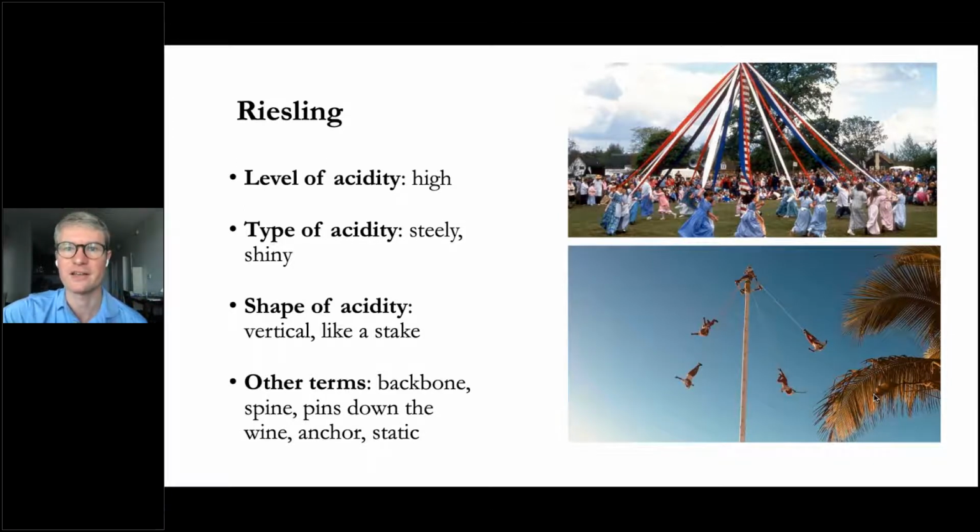But if my theory is right, then the acid structure will remain consistent according to each variety and its own acid structure. Okay, so a little bit about regions for Riesling.